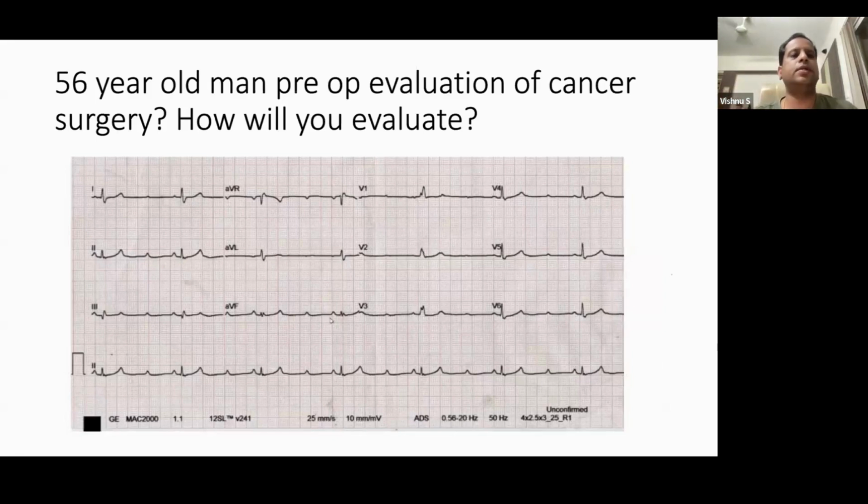So in this patient, a 56-year-old man, pre-evaluation for cancer surgery, how will you evaluate this patient and recommend the surgery? Can anyone attempt it? The diagnosis is clear in this patient.